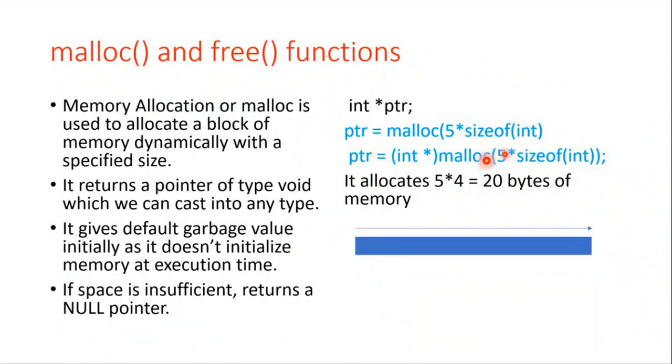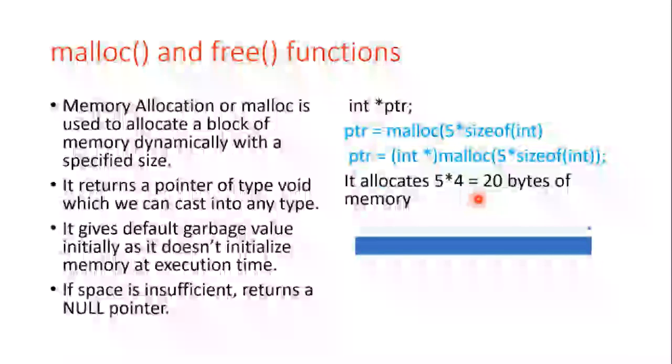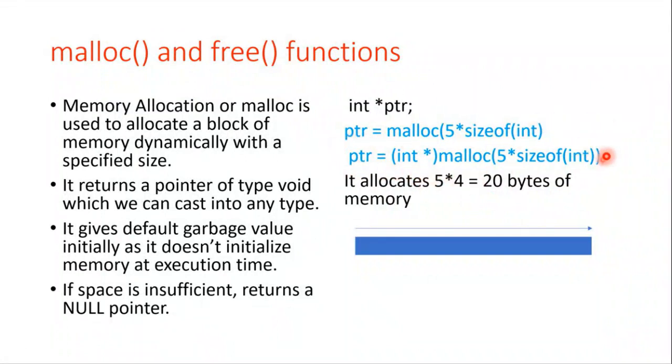Here in this case, int has size 4, and we are allocating 5 blocks, which means 5 into 4, which equals 20 bytes of memory will be allocated. Guys, this is the allocation in one line.